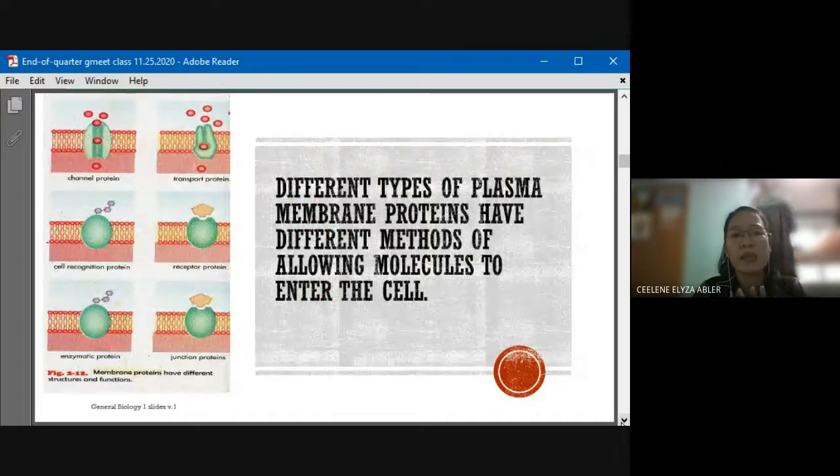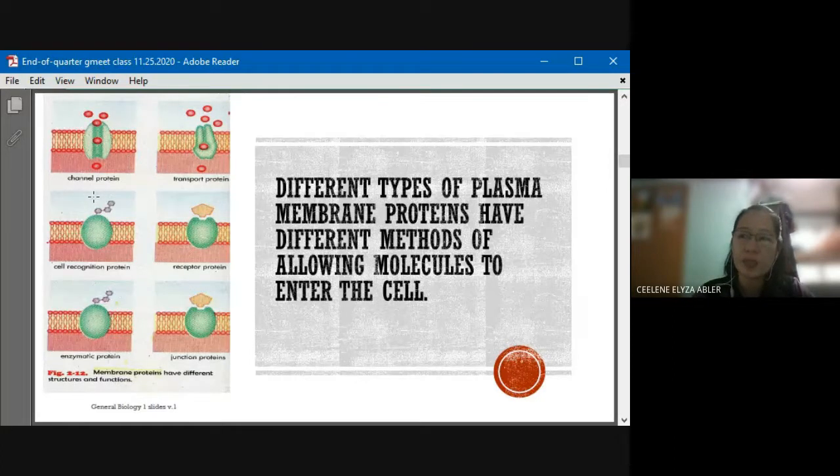Right, let's go here. We have membrane proteins. We have many types of membrane proteins, and that is included in your module 5. First, we have channel proteins. The word channel rhymes with tunnel. Actually, it has a tunnel. It will allow certain substances through the channel protein.